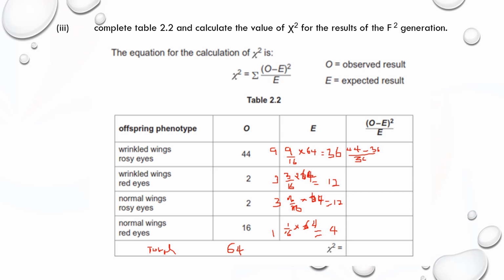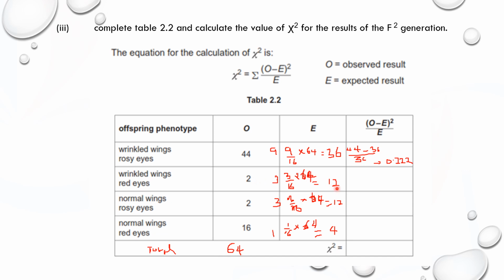So 8 divided by 36 gives us 0.2222. So do the same for the next row. This is 2 minus 12, divided by 12.